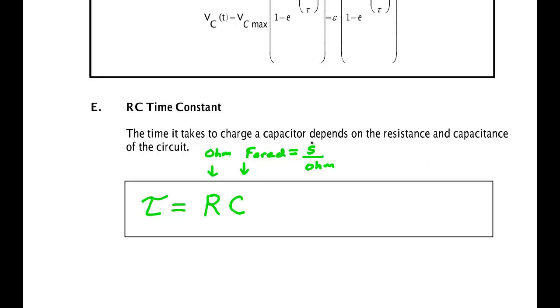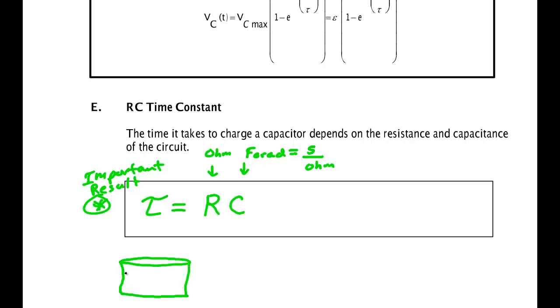Now, why is this important result that you need to memorize? Think about the capacitor by the swimming pool analogy for a minute.